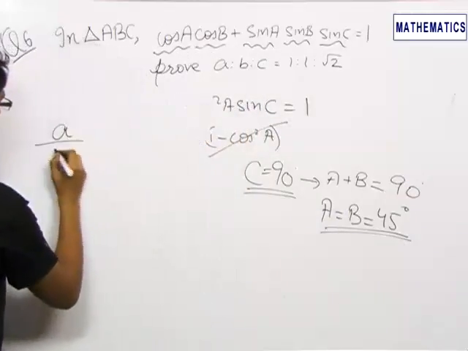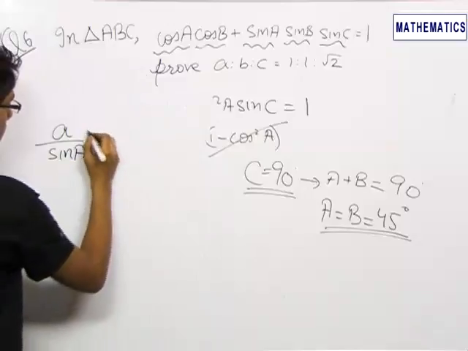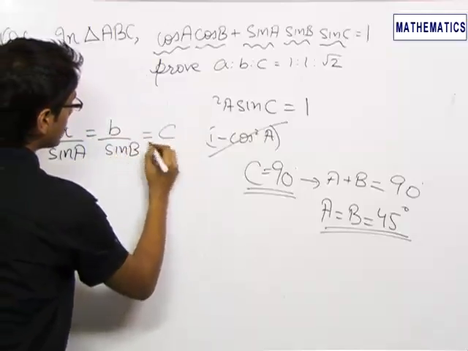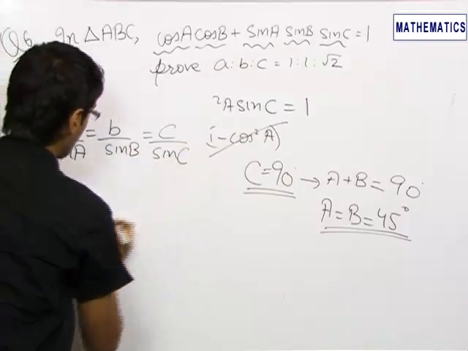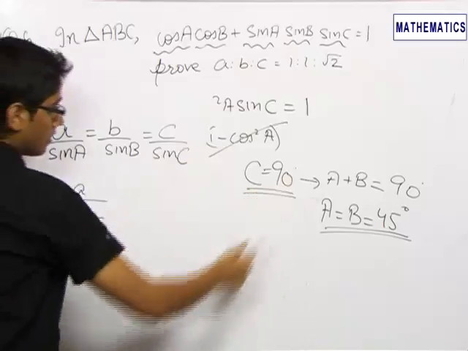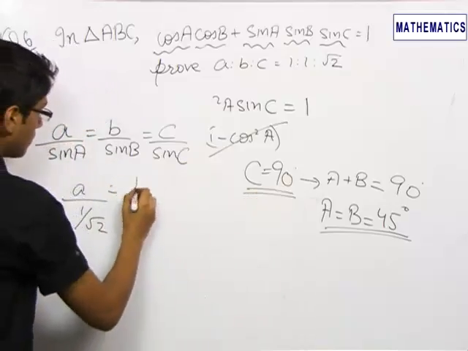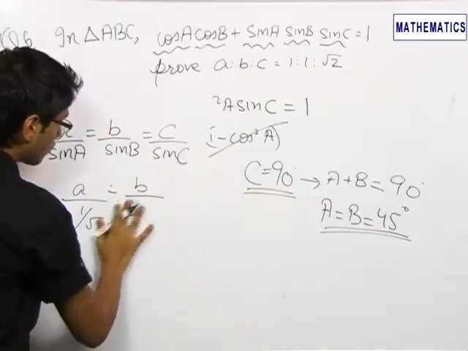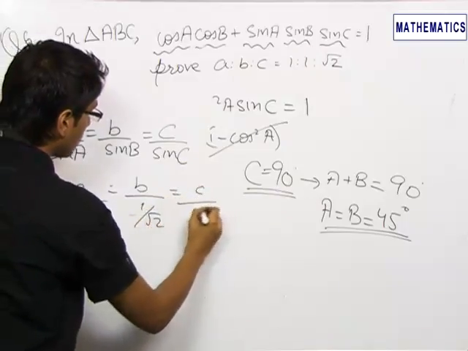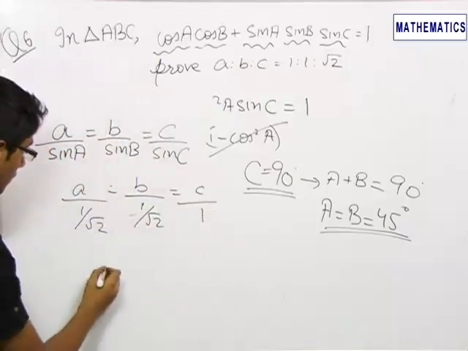Now we know that in a triangle, a upon sin A equals b upon sin B equals c upon sin C. So a upon 1 by root 2, since angle A is equal to 45 degrees, angle B is also 45 degrees, so b upon 1 by root 2 equals c upon 1, since angle C is equal to 90 degrees.